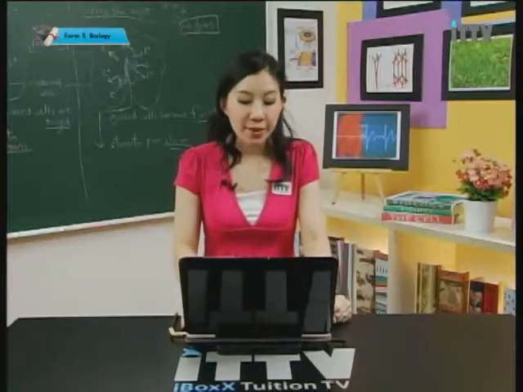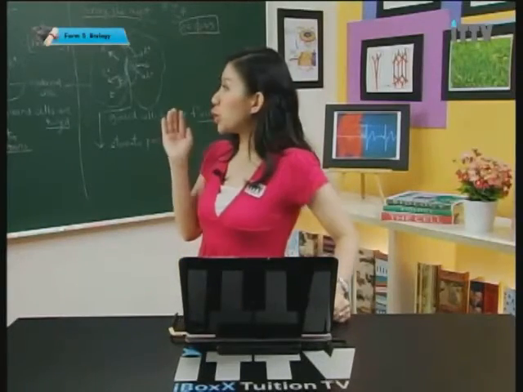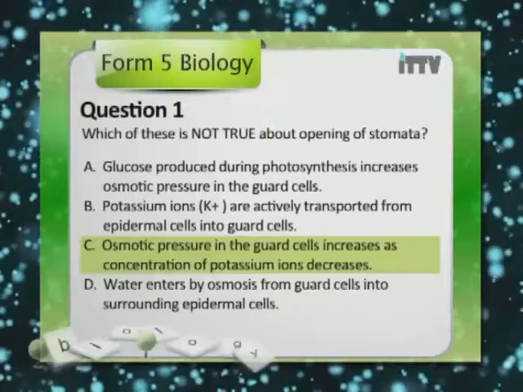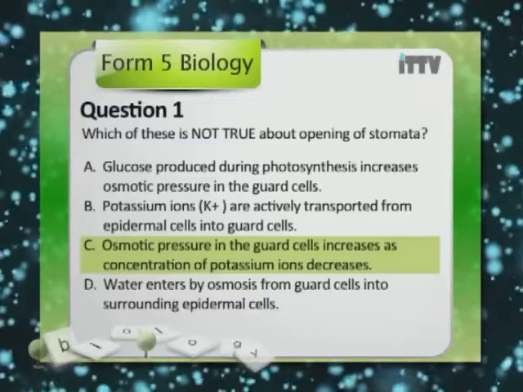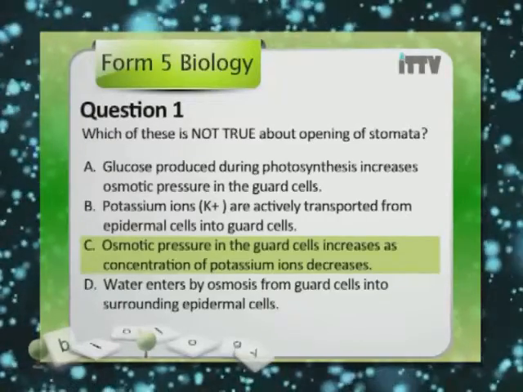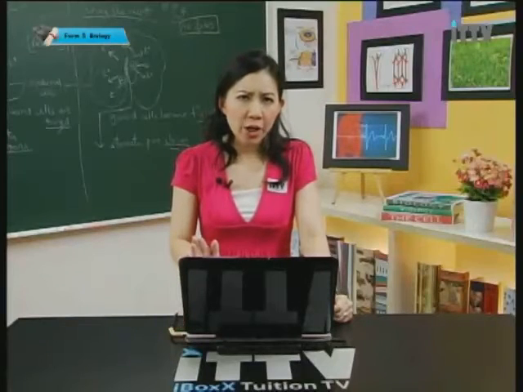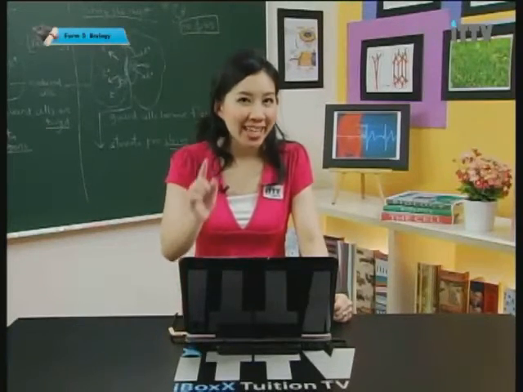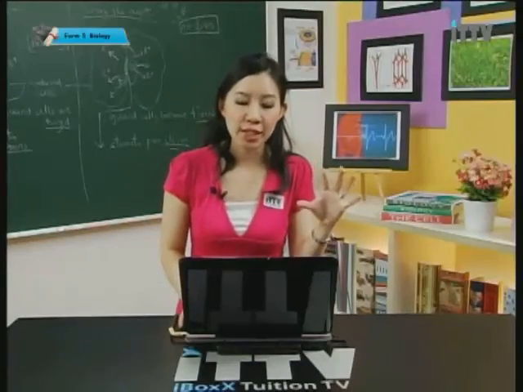Now this is definitely true because K+ is transported from epidermal cells into gut cells. C. Osmotic pressure in the gut cells increases as concentration of potassium ions decrease. When there's a higher concentration of K+, this would obviously increase the osmotic pressure of the gut cells. I'm sure you would have noticed that it's definitely true.